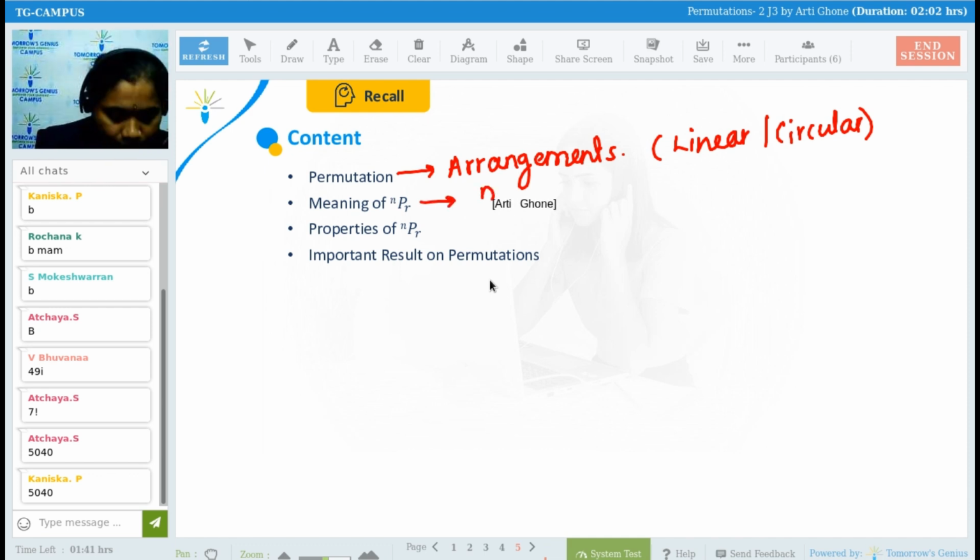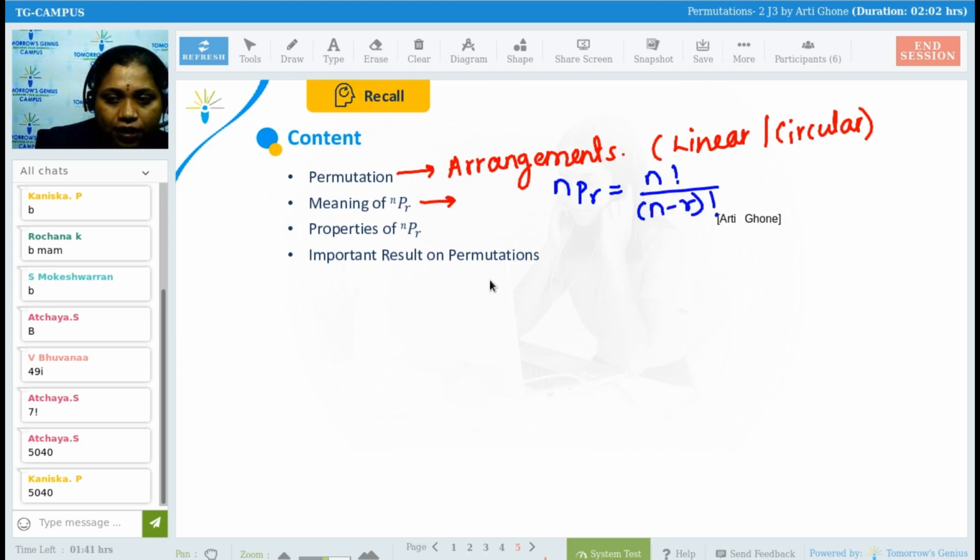What is the nPr formula? Anyone could ask this formula of you in 12th, so you have to remember this one. nPr equals n factorial upon (n minus r) factorial. Properties of nPr, I'll not ask in detail, but just keep in your mind: what will be the answer of nPn? n factorial. nP0?